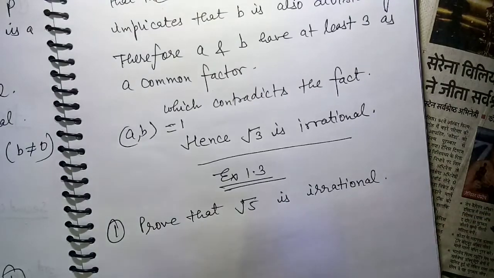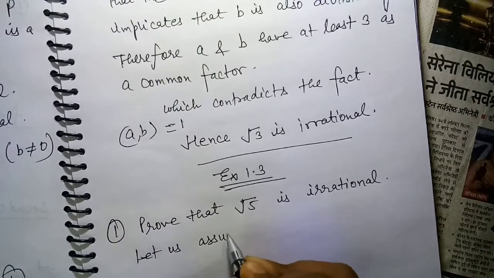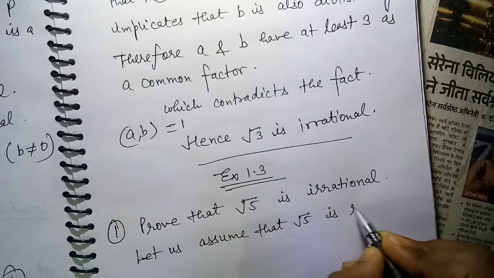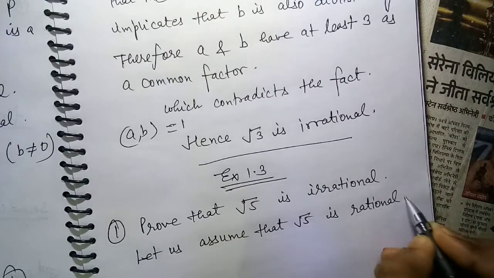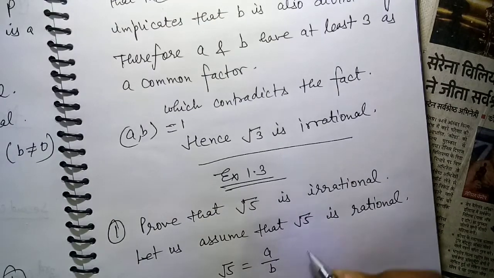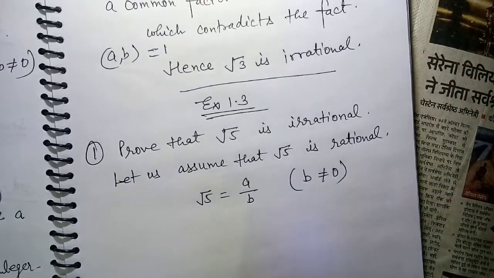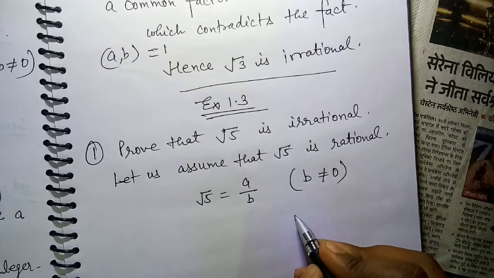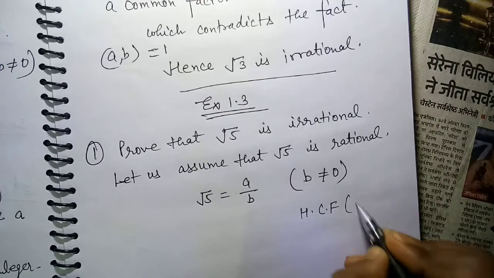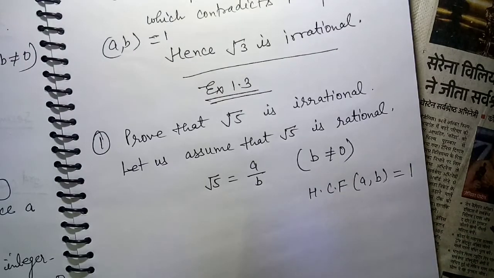Let us assume that root 5 is rational, and if it is rational then it will be equal to a upon b, or p upon q, no problem, where b is not equal to 0, and there is no common factor, or you can write HCF of a and b is 1. Means there is no common factor between a and b.